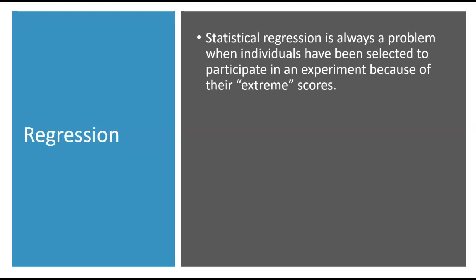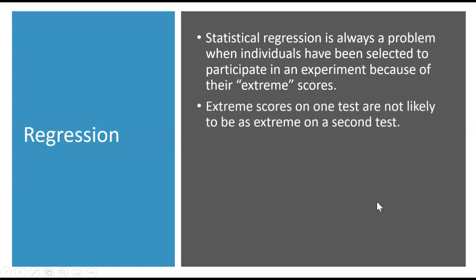So the extreme score: let's say you're selecting your participants based on their extreme scores at point A in time, and you kind of cherry pick them. Well, their performance may decline, not because of anything you did, but because they're regressing to their mean level of natural performance. So basically, the idea is that extreme scores on any one test aren't likely to be that way on a subsequent test.